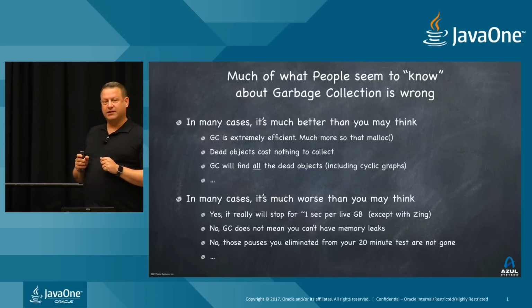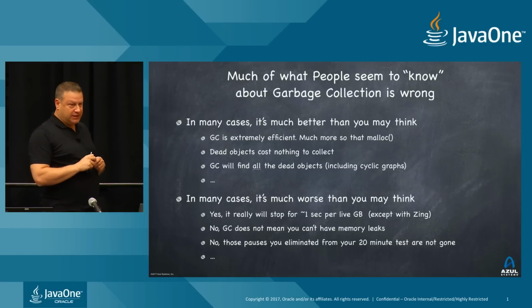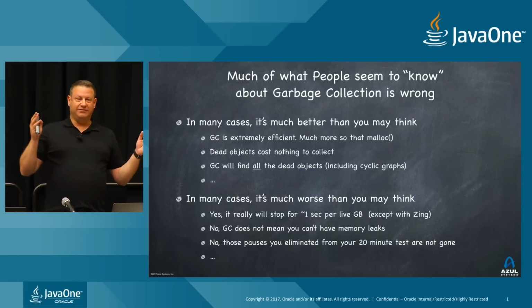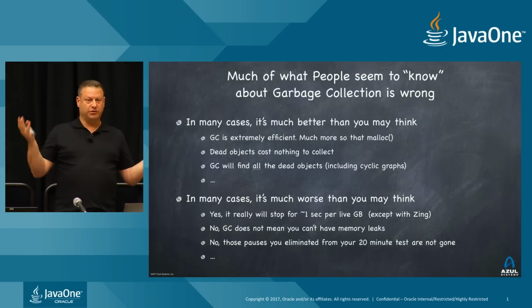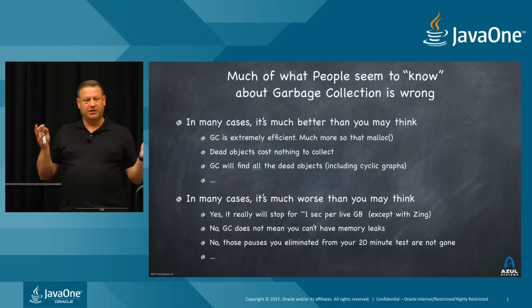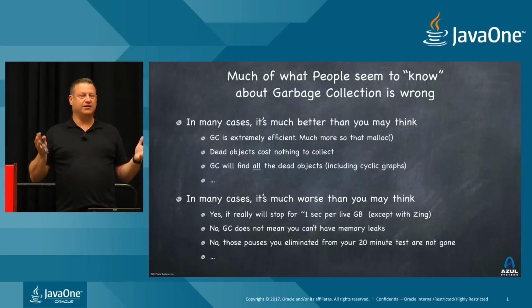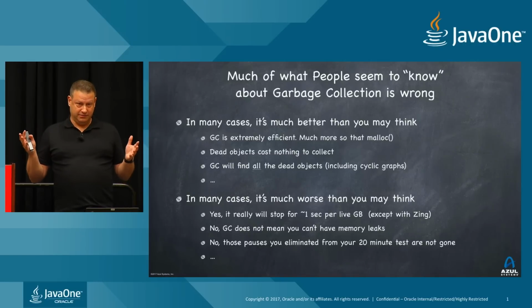But there are a lot of things that are worse than what people might think. For example, if your garbage collector has any form of stop-the-world operation to perform its work, like normal work, I don't care if it's rare or not, it will pause for something in the order of a second per gigabyte of live stuff that you have. You can't get away from that. You can delay.